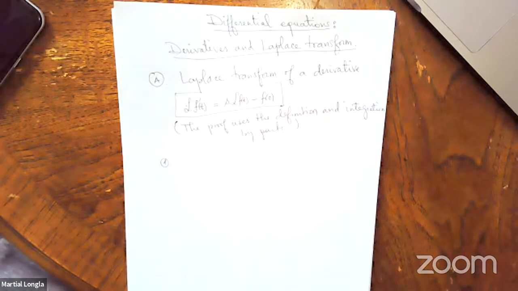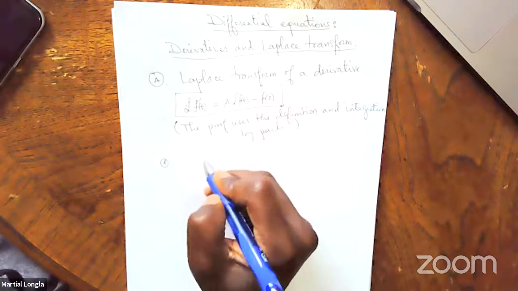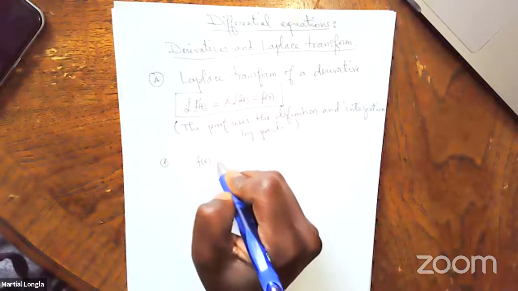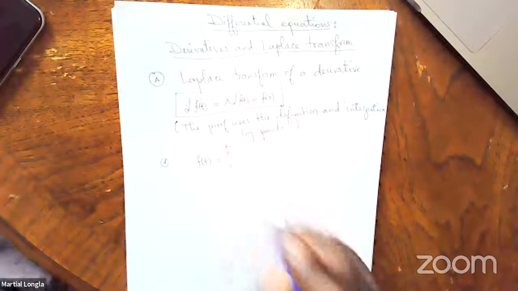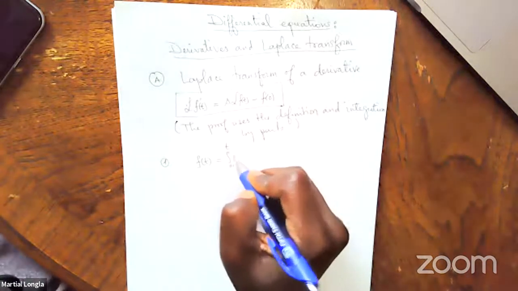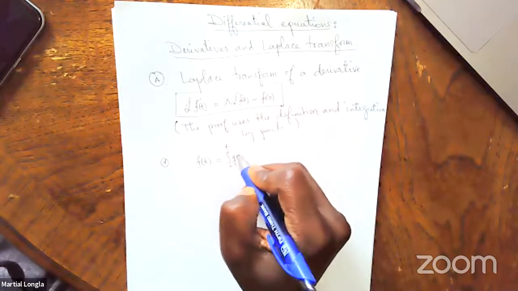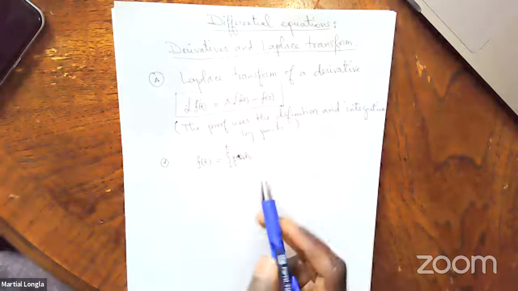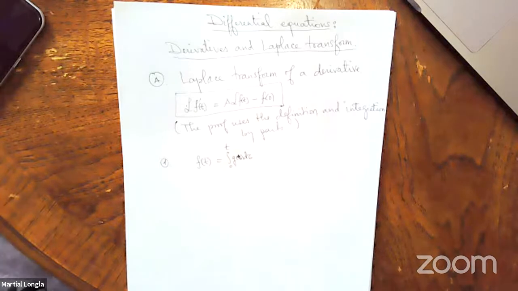An example will be, let's say we have the function f of t equals the integral from 0 to t of g of tau d tau, making sure that the variable of integration is not the variable that you have there.